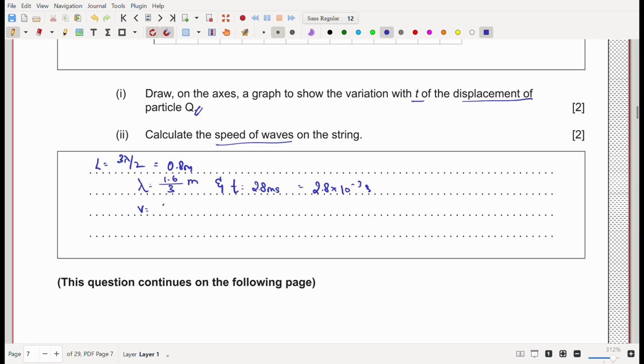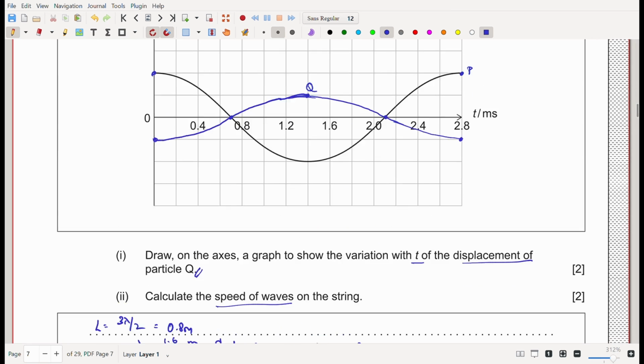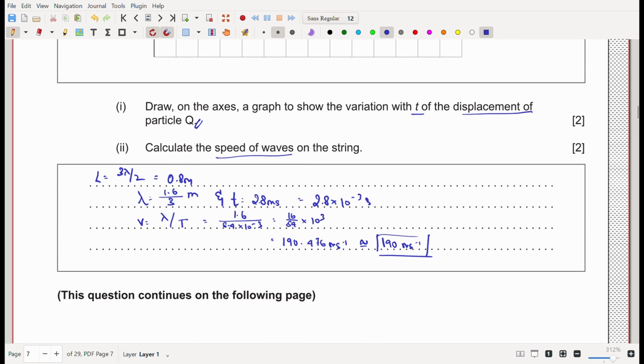So v is equal to lambda by T, which is equal to 1.6 by 3 divided by 2.8 times 10 to the power minus 3, which is equal to 16 by 84 times 10 to the power 3. This gives a speed of 190.476 meters per second, which we round off to 190 meters per second. And of course, two significant figures, as always. 2 SF.